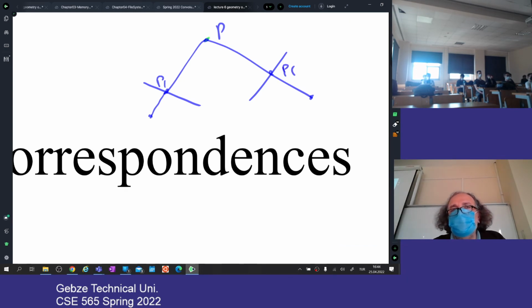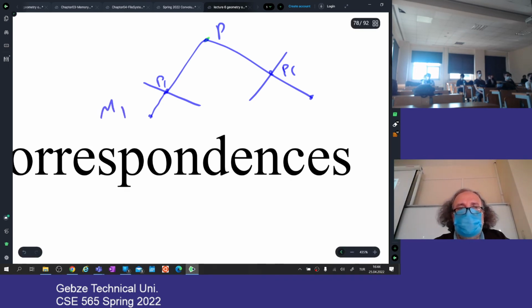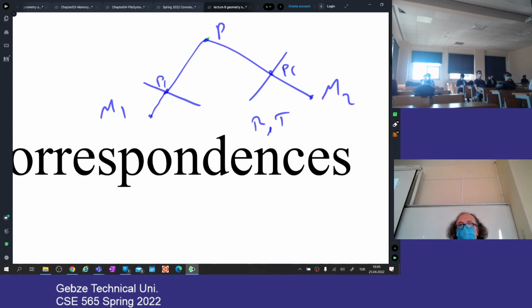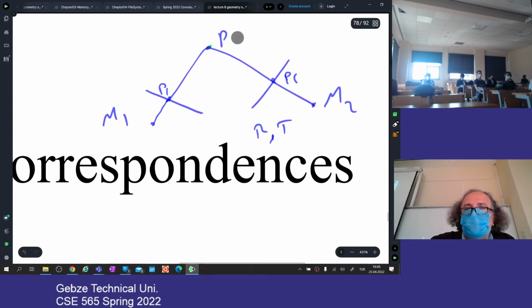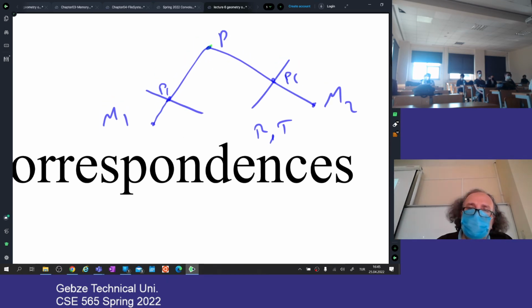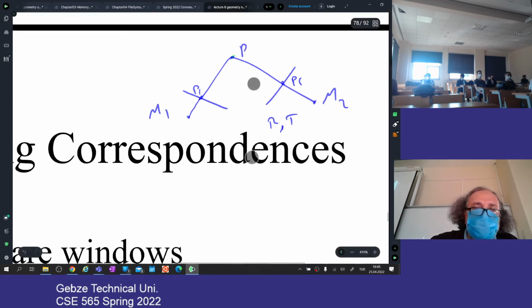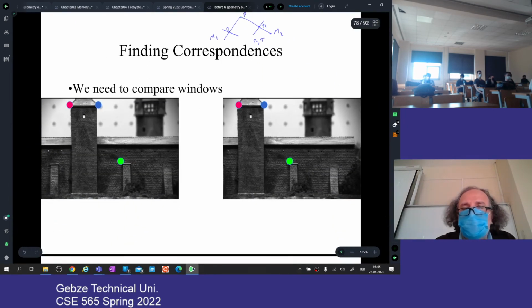We have the camera matrices M1 and M2, the rotation and translation matrices, and we know the correspondences, and we can calculate the depth. So find the correspondences, feed all this correspondence information and the matrix information into our formulas, and you will get the XYZ values of this P. But before we begin to do anything, we need to find the correspondences. That's what we are going to do now.